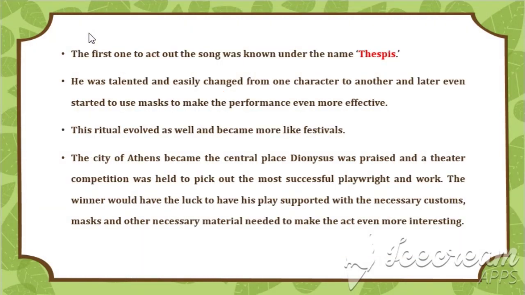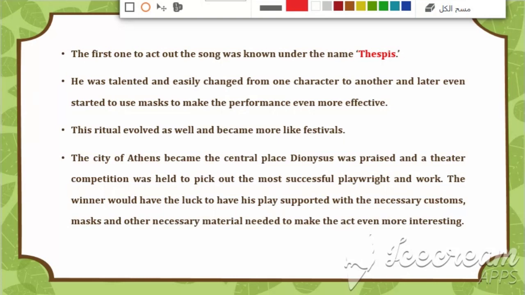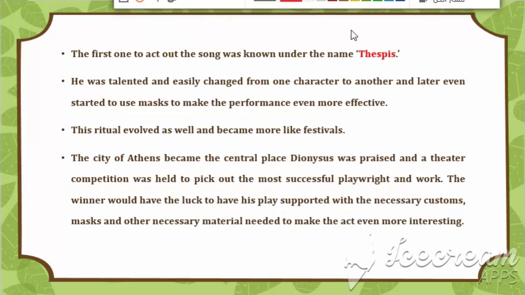So, who was the first one who started to perform or to act out the song? The first one to act out the song was known as Thespis. Thespis was actually the first one who decided to not only sing the song, but also to make some movements, and these songs actually had some action in it, so it was possible for Thespis to act out these songs.